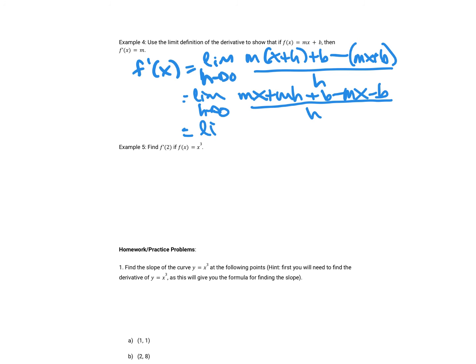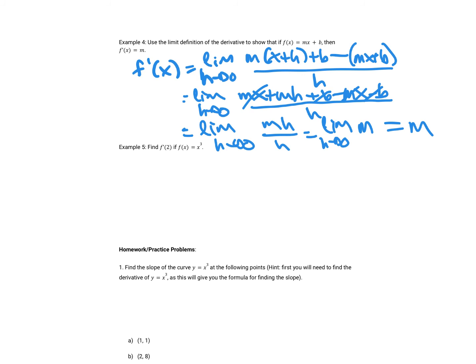And this is going to be the limit as h goes to 0 of, the mx's go away, the b's go away. So mh over h, which is the limit as h goes to 0 of just m, which of course is just going to be m, because when you plug in 0 for h, well, there is no h, so you're just left with m. So that proved for us, which we already knew, that the slope of a line is m, or the coefficient of the x.